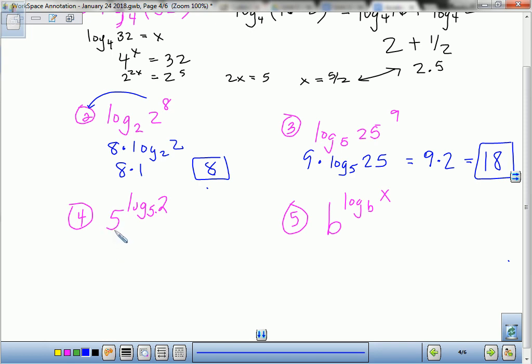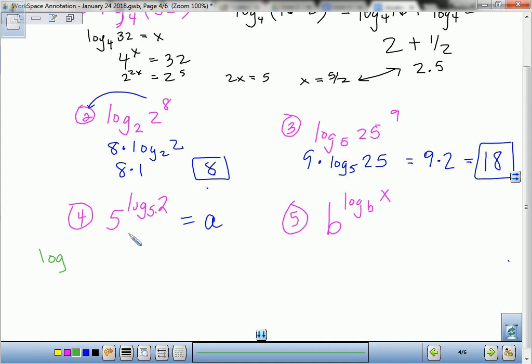So right now I have a base raised to an exponent. Well, that equals some answer in exponential form. A base raised to an exponent equals an answer. And if I switch from exponential to logarithmic form, it becomes log.